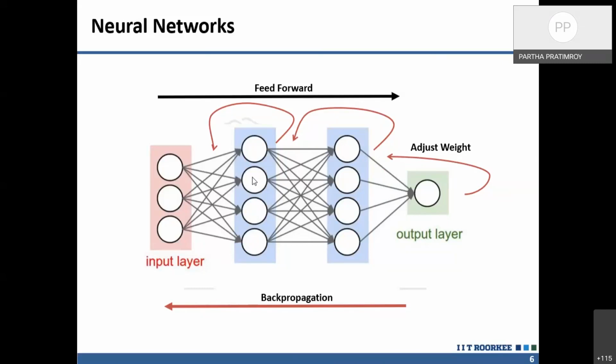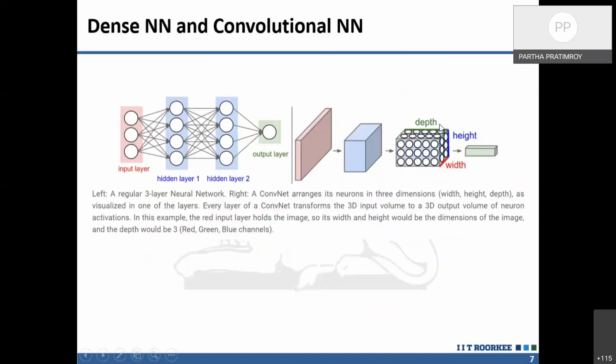Like this, errors will be adjusted. So that's the neural network, and as I was saying, this is a multi-layer perceptron. It processes the inputs, you have several layers, and then it gets to the output layer.